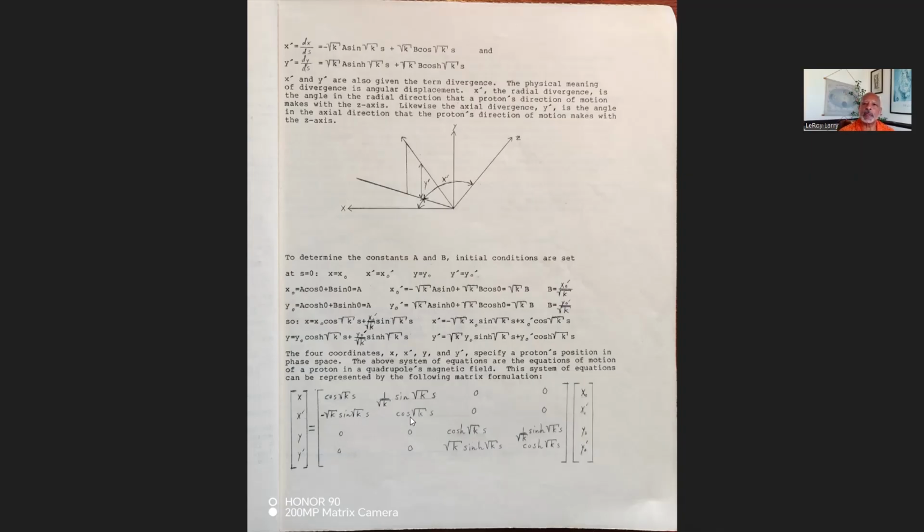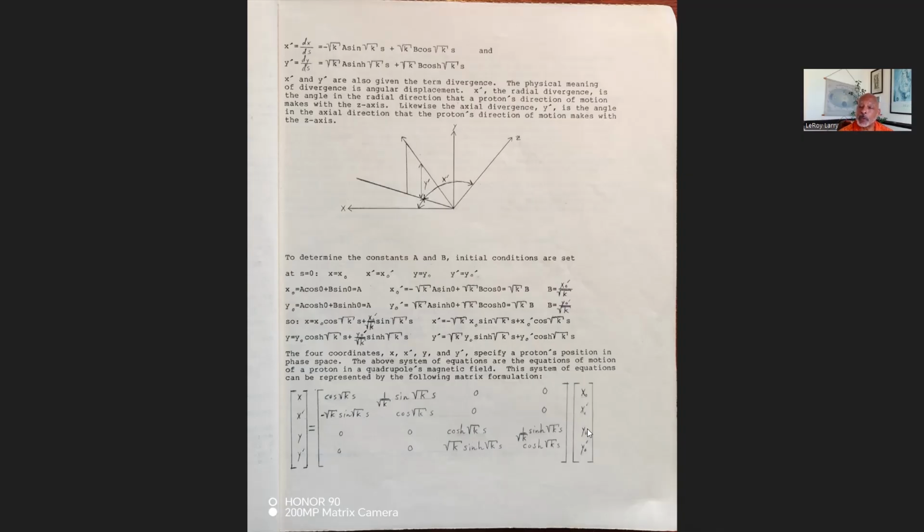And we used a lot of mathematics to get that change with respect to the z-axis, the trajectory of the protons as they circulate around the synchrotron. So over here in this column, x is the horizontal position in phase space with respect to the z-axis. Let's jump down to y.